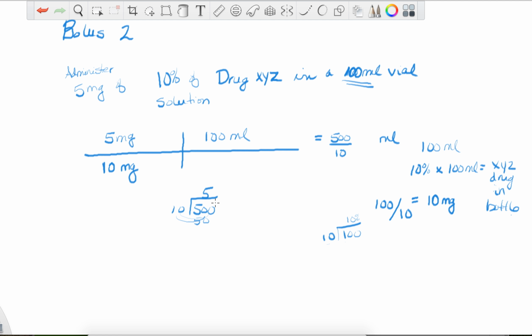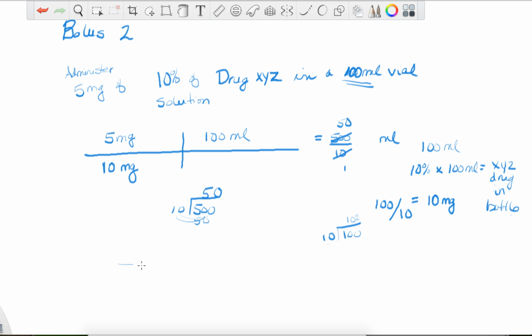And 10 goes into 0 0 times. So 50 milliliters. So if you gave 50 milliliters, you would be giving 5 milligrams. And you can see it. 50 is half of 100, and 5 is half of 10. So you can see it, all right?